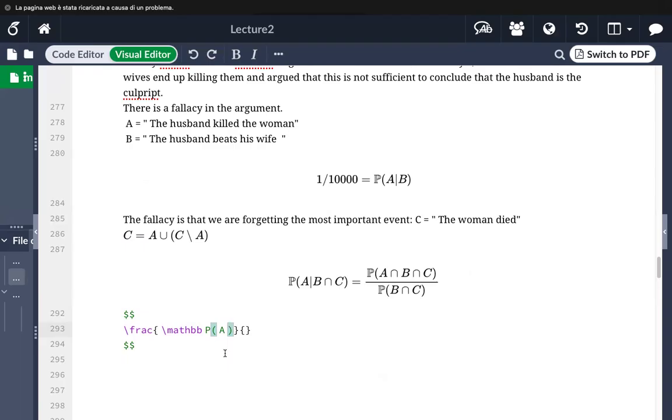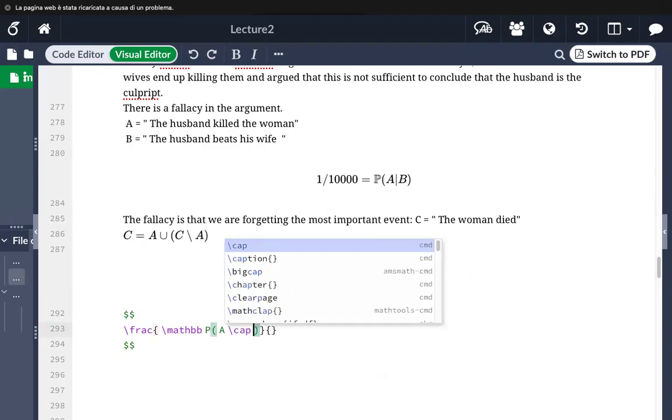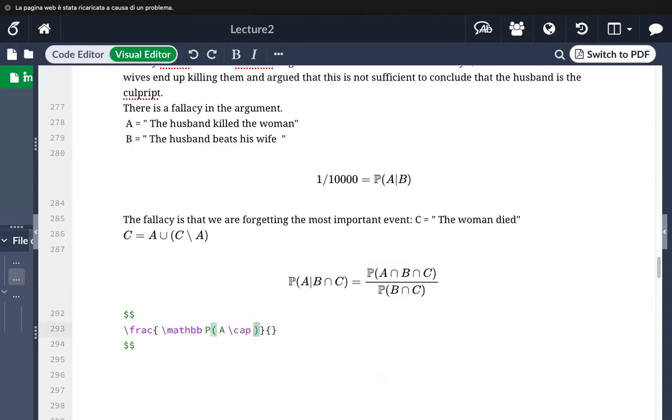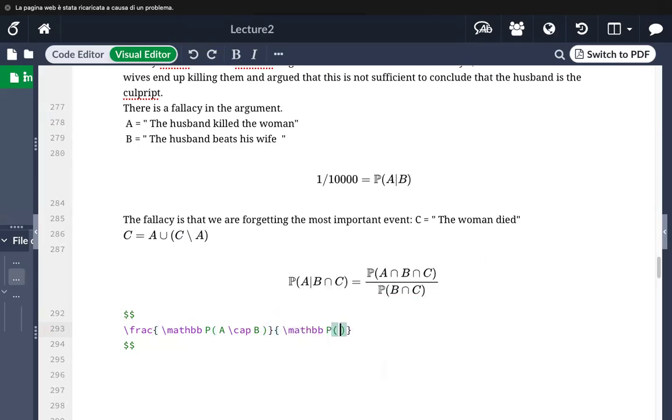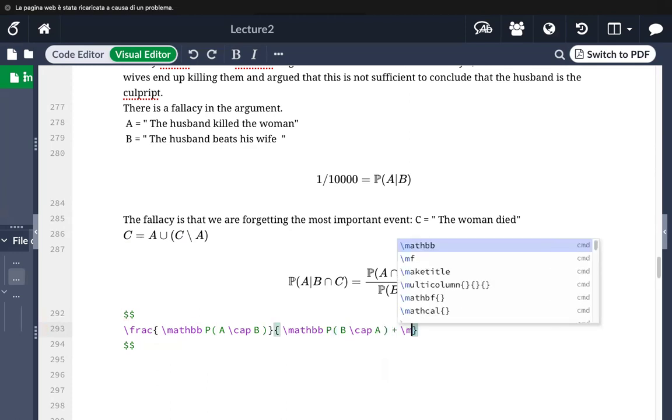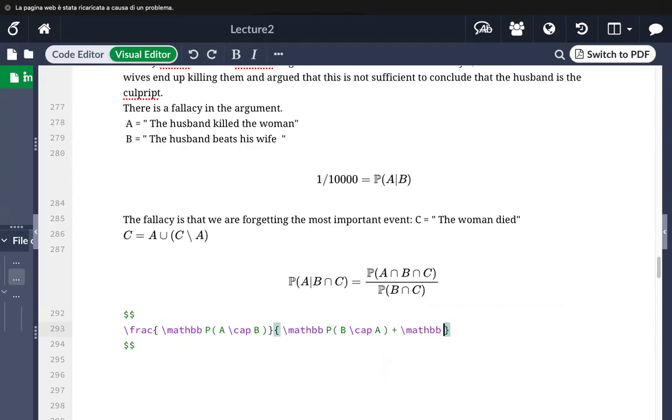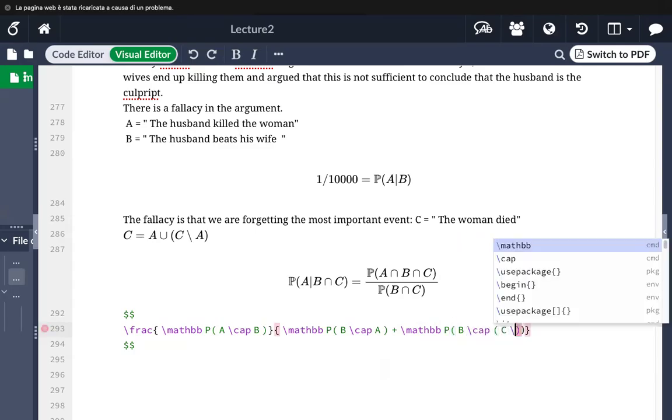So in the numerator we have A and B, while in the denominator we can use additivity to write it as the sum of the probability of A and B, and the probability of B and the complementary event that somebody else killed her.